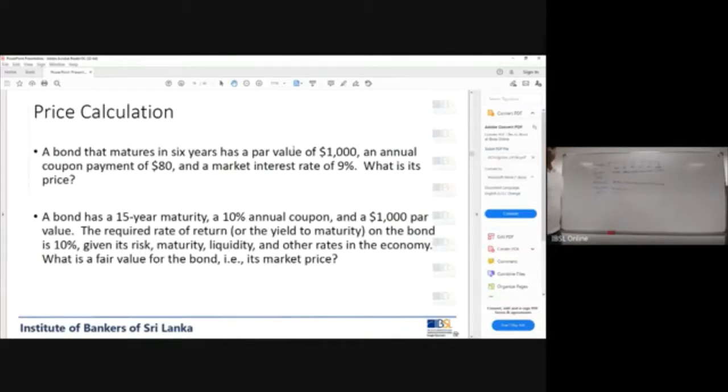Before you move on to question number 2, now the coupon of this bond is 80. This bond has a coupon of 80. Right?